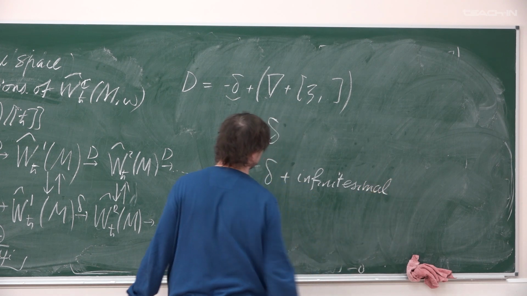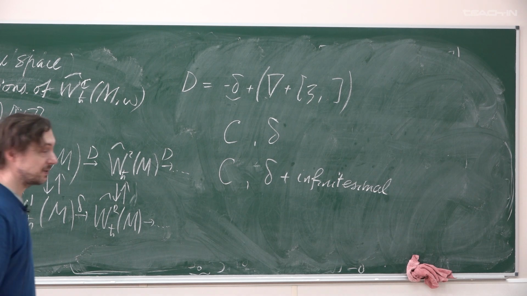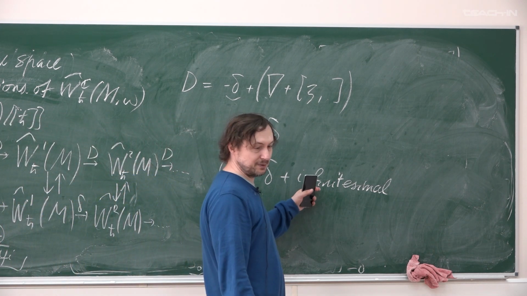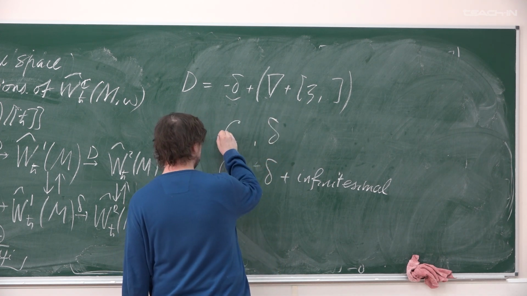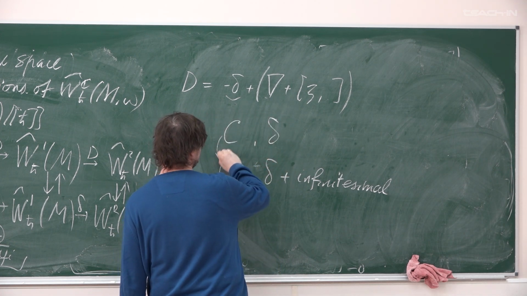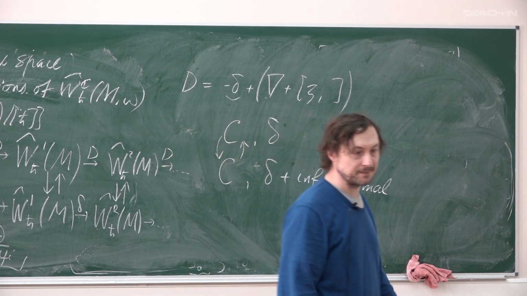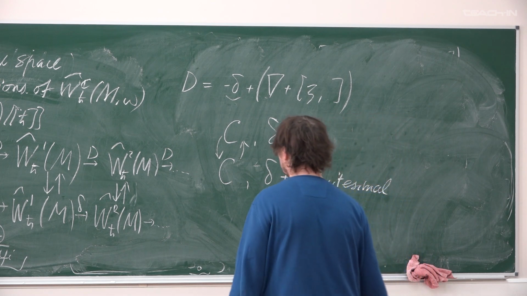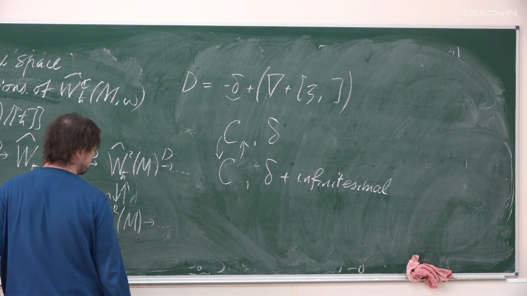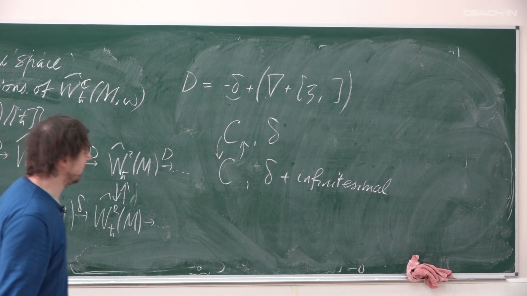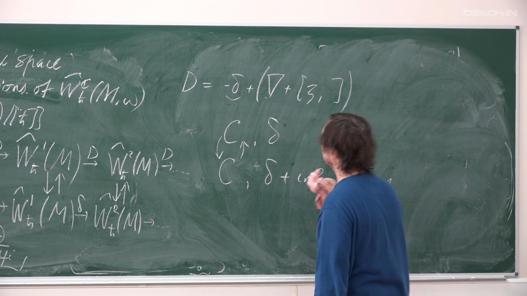Then you can show that if you're allowed to pass to limits with respect to these infinitesimal terms, you're always able to construct a chain homotopy between these two spaces with respect to these operators. So that's precisely this chain homotopy which appears here. I'm not going to talk about these details. You can find them in my lecture notes.